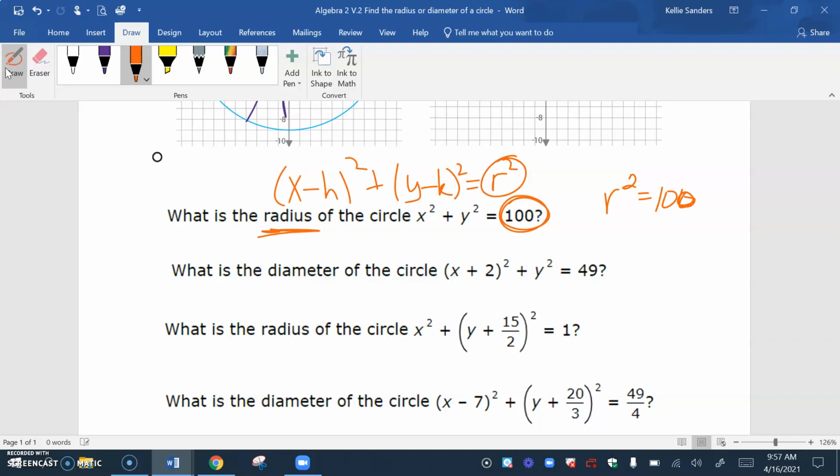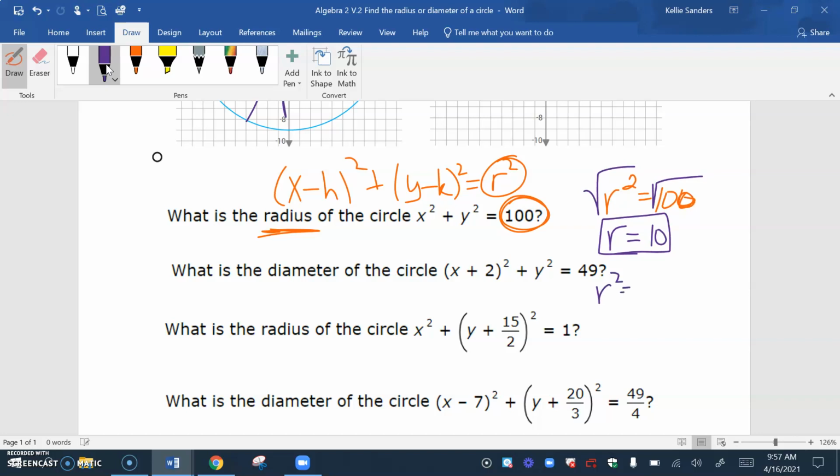And if I'm looking for radius, then I'm looking for r. And if I'm looking for r, I want r by itself. And r is not by itself right now. R is being squared. So we are going to square root it, and we're going to square root it. So our radius is the square root of 100, or it is 10.